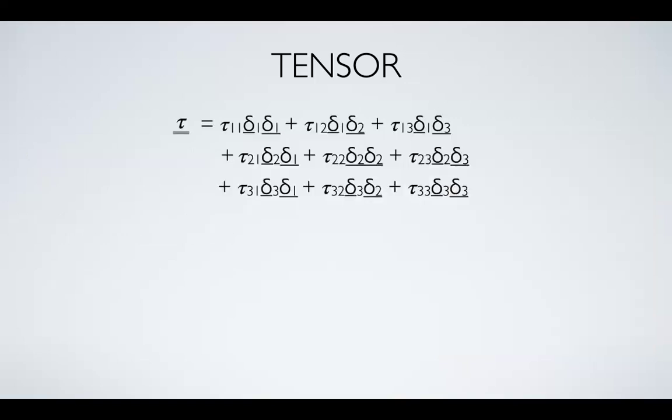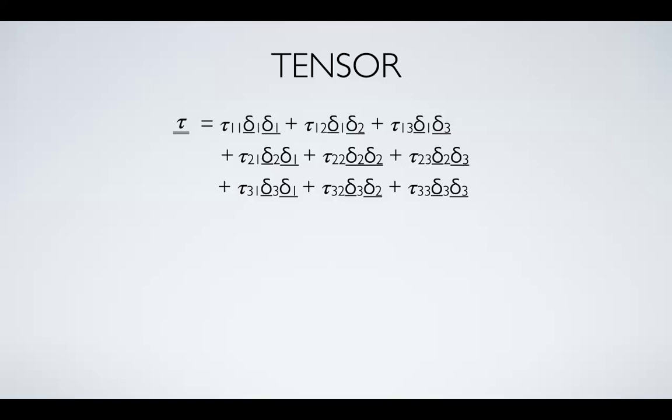Let me distribute the terms of the dyadic product into 9 terms in total. It corresponds with the coordinate system that we choose. If I use the shear stress represented as a tensor, it's going to be tau 1, del 1, del 2, corresponding to the subscripts of the shear stress.